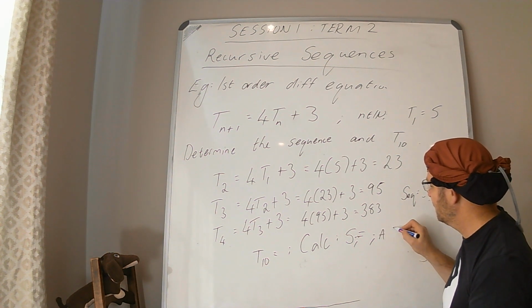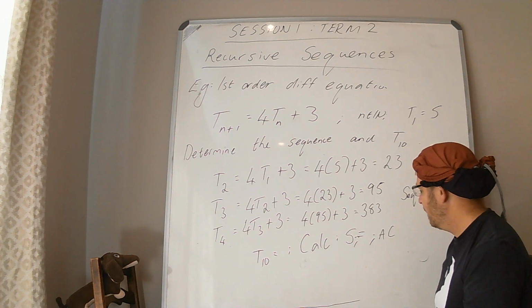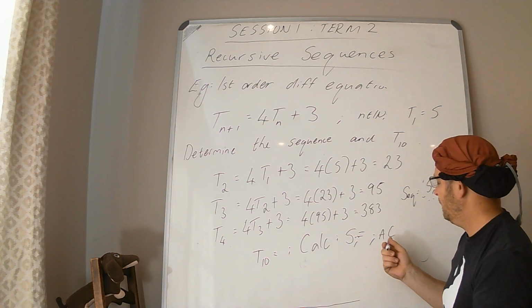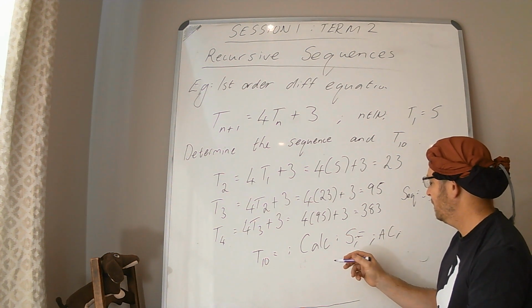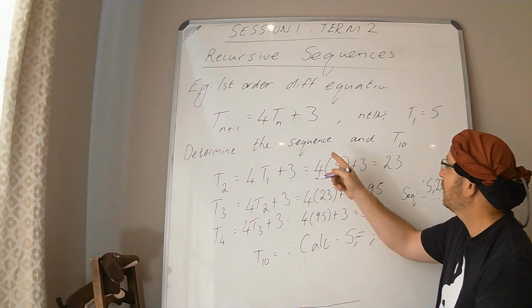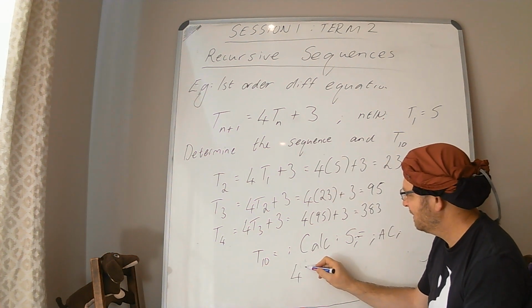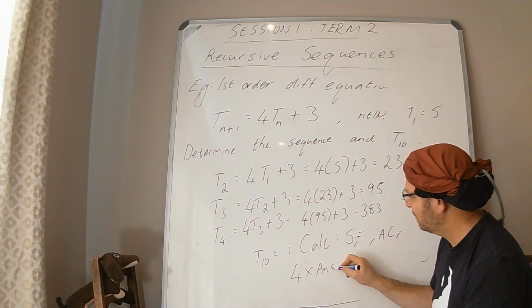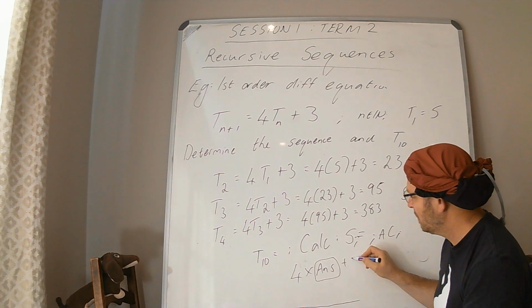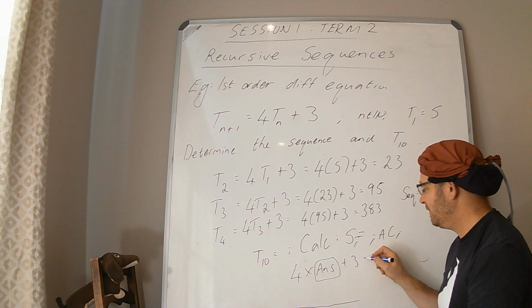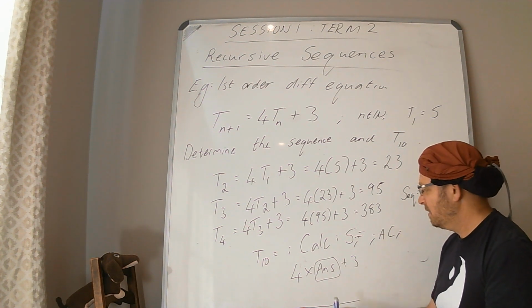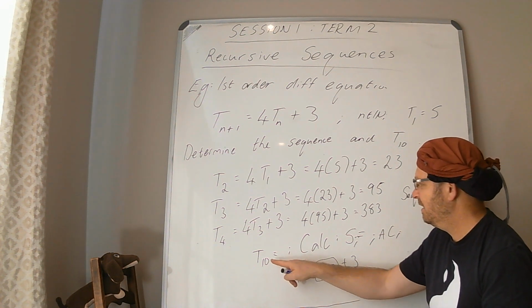Then you're going to clear it, and then on your calculator, you're going to go 4 times answer plus 3, and you're going to keep pressing that, and every time you press it you get to the next term.